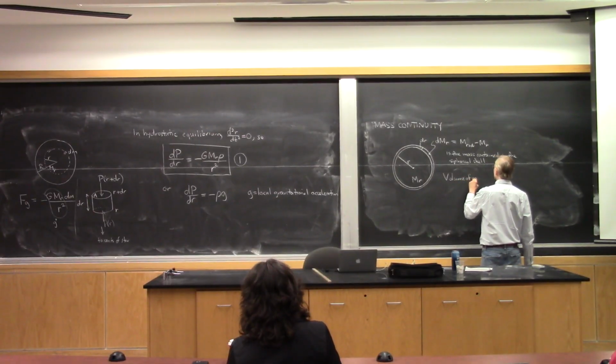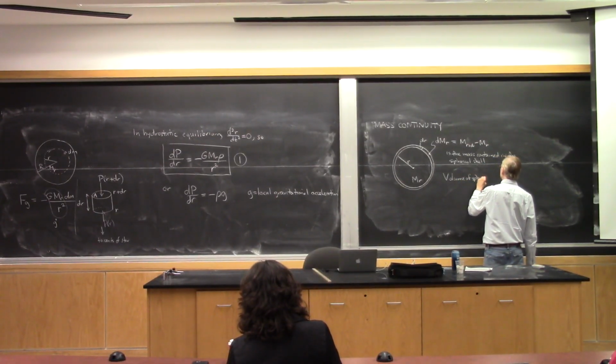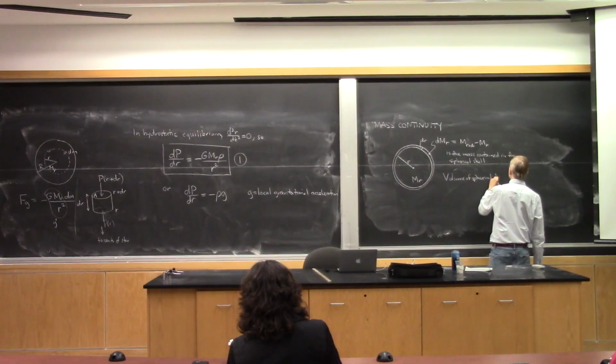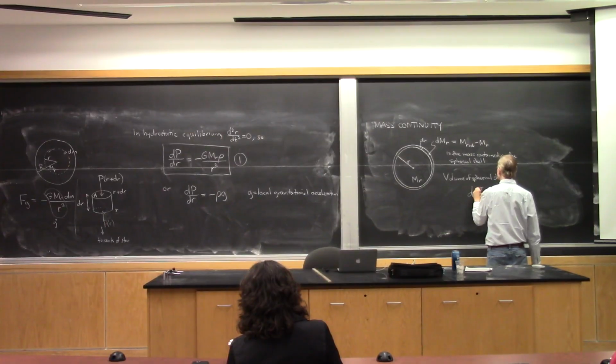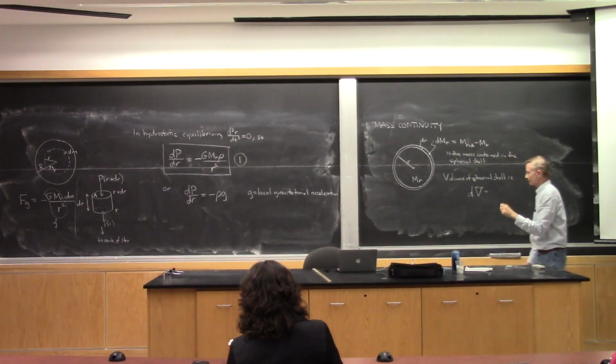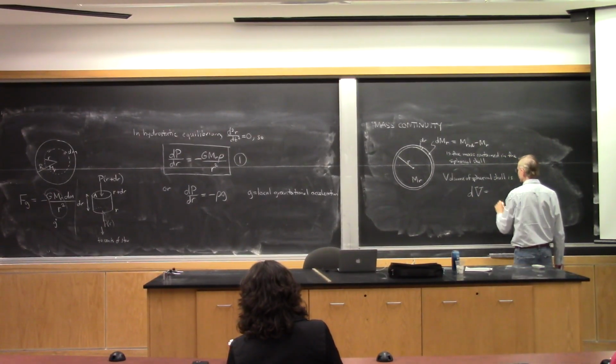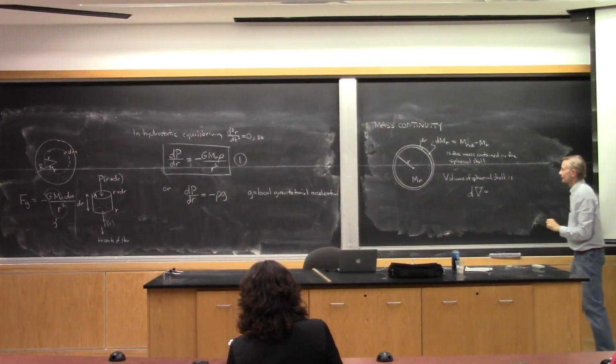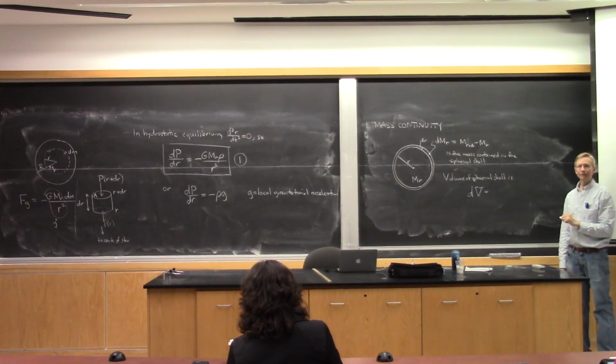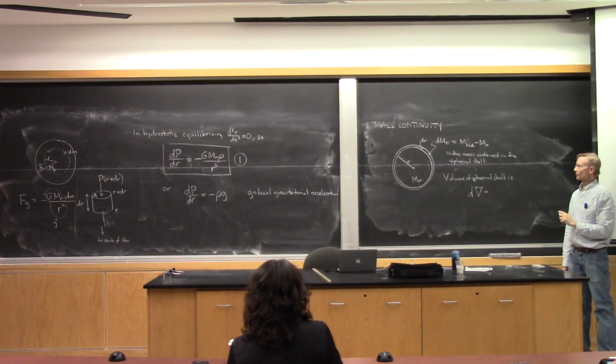Volume of spherical shell is dV, or d tau if you want to be Griffithy about it. What's the volume of that little shell? Okay, yeah, it's 4/3 pi (r plus dr) cubed minus 4/3 pi r cubed, but blah.